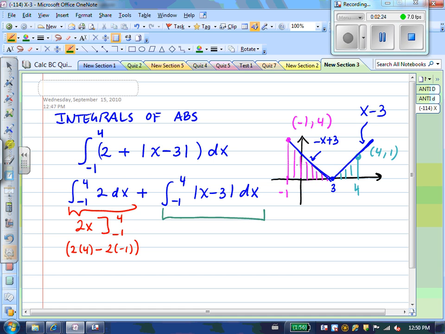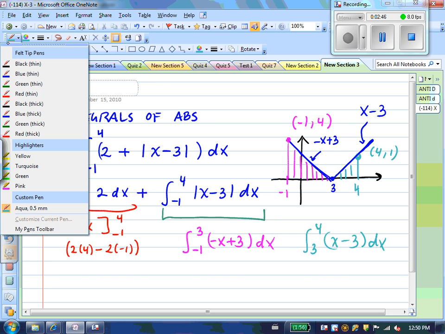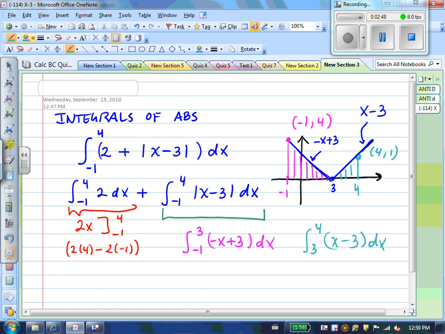You could either A, just find the area of the triangles as we mentioned, or the more mathematical way is to find the integral from -1 to 3 of -x plus 3 dx, and then find the integral from 3 to 4 of x minus 3 dx, and then just add all of these together. If you don't want to do that, you can use area of triangles.